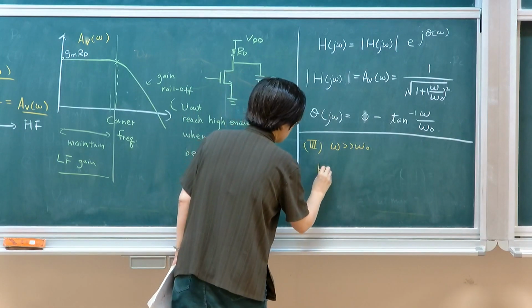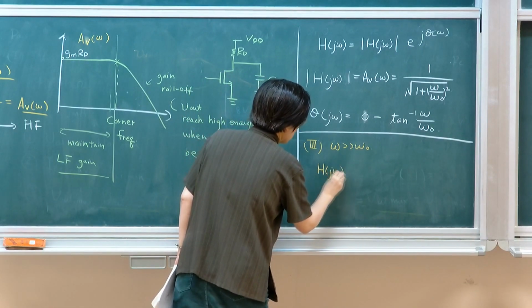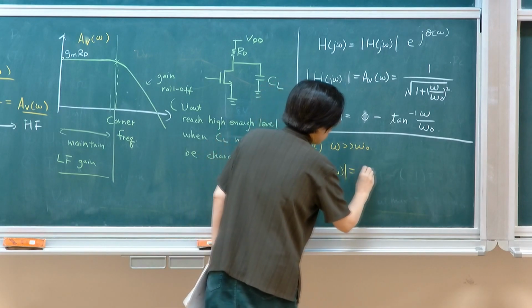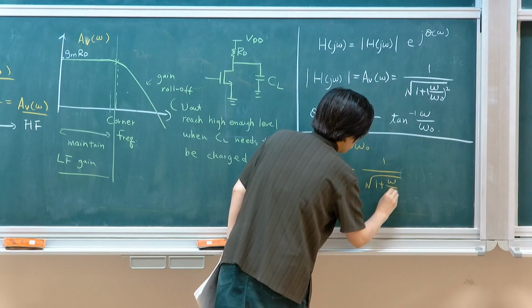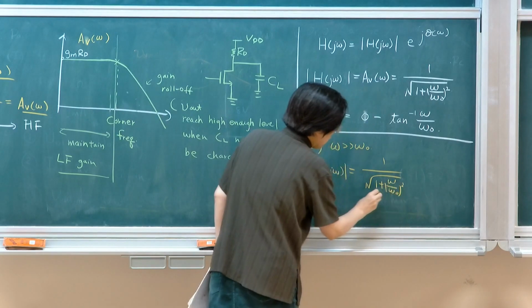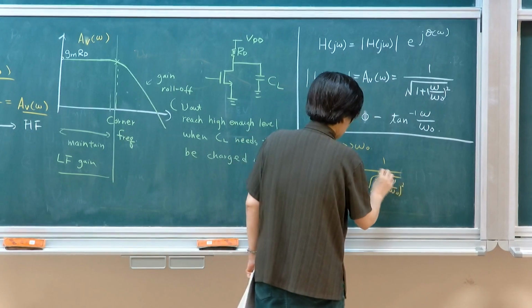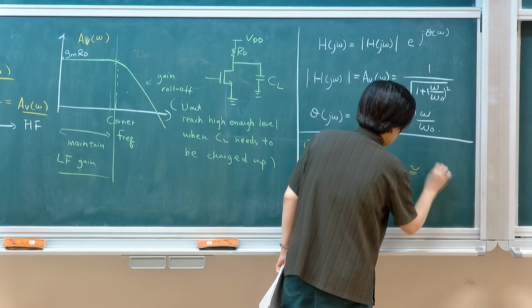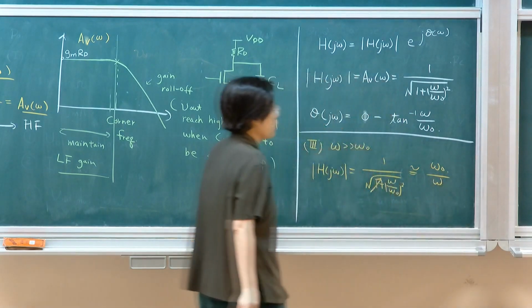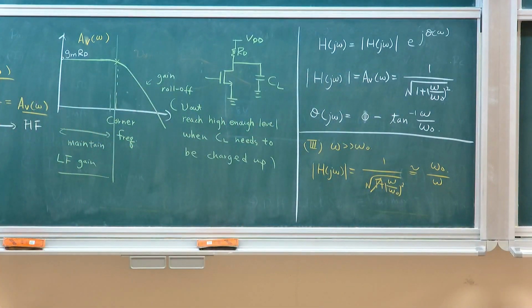What happens is that your overall magnitude, because of the square law, you can ignore the 1, so it will be approximately omega 0 over omega. Okay? So what does this mean?